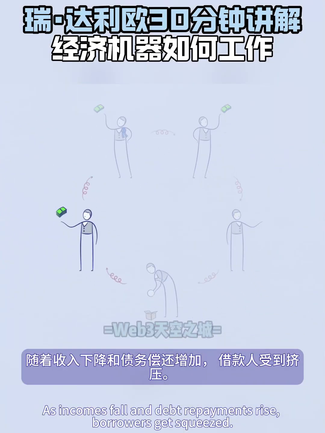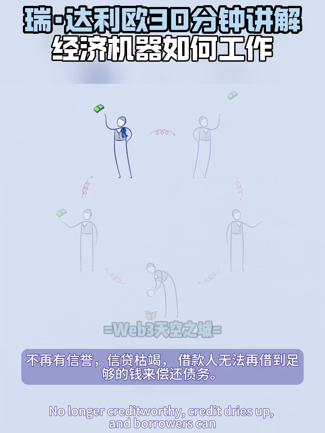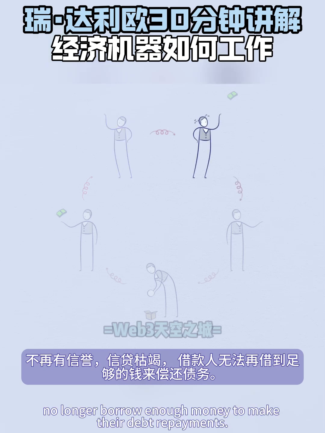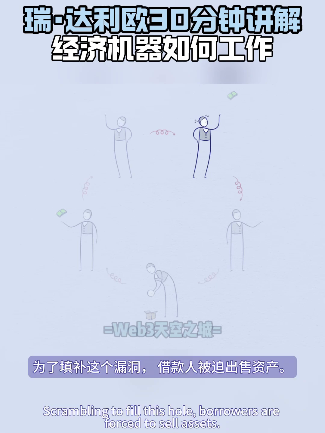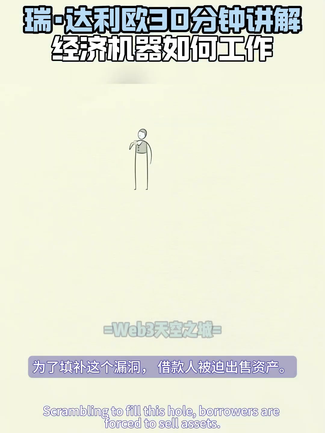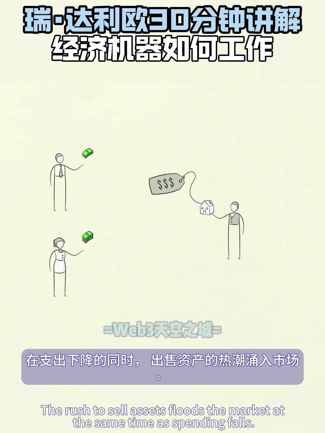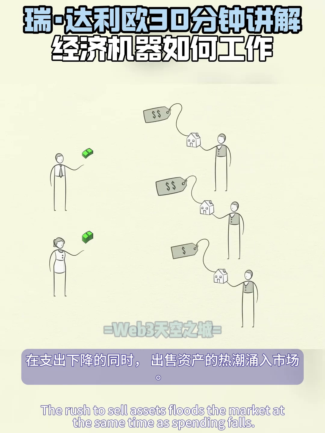As incomes fall and debt repayments rise, borrowers get squeezed. No longer creditworthy, credit dries up, and borrowers can no longer borrow enough money to make their debt repayments. Scrambling to fill this hole, borrowers are forced to sell assets. The rush to sell assets floods the market at the same time as spending falls.